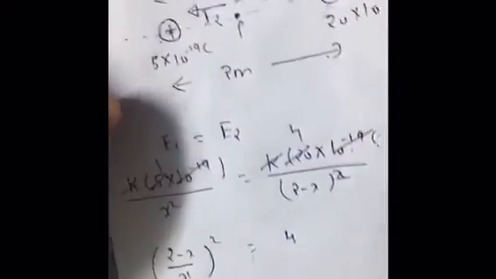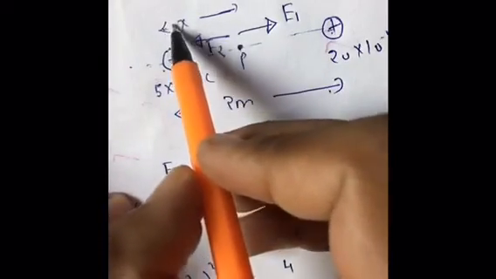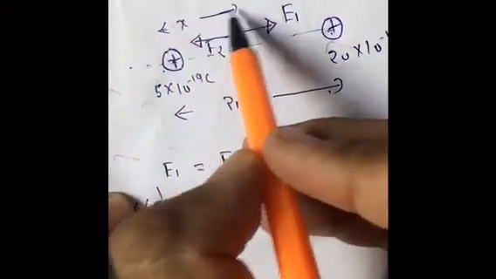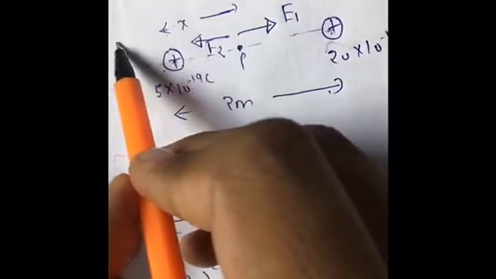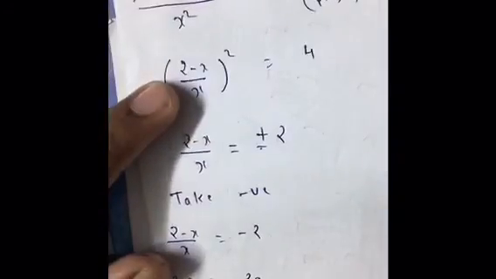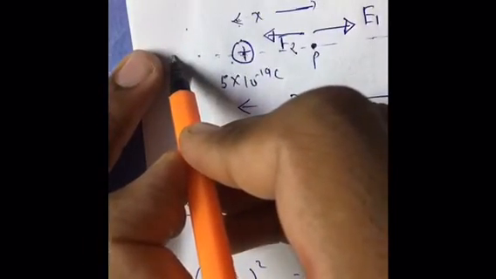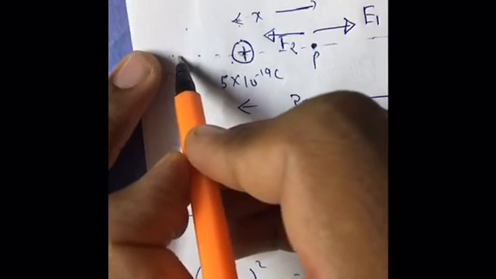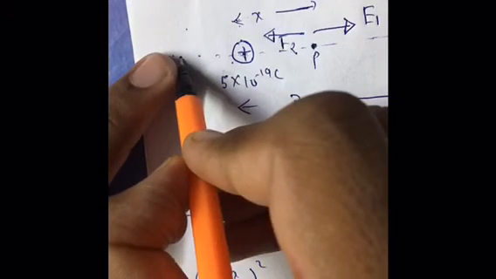First of all, see the figure. x is measured from the charge 5 into 10 to the power minus 19 coulomb. This is the positive direction of x, so this will be the negative direction of x. x is equal to minus 2 means the point is on this side. At this point the electric field will never become zero.